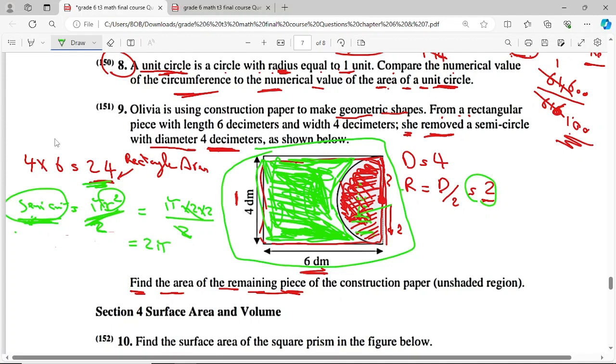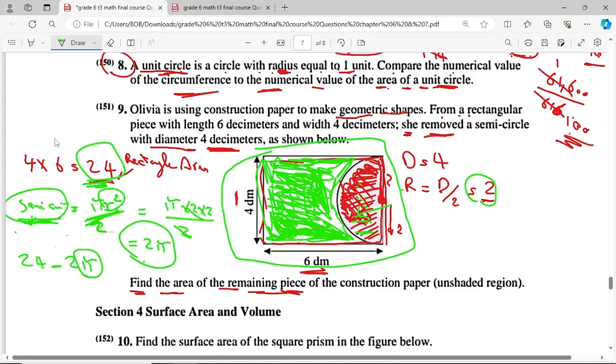So the area of the rectangle is 24 and the area of the semicircle is 2 pi. So the remaining area will be 24 minus 2 pi. Right? So pi is equal to 3.14.